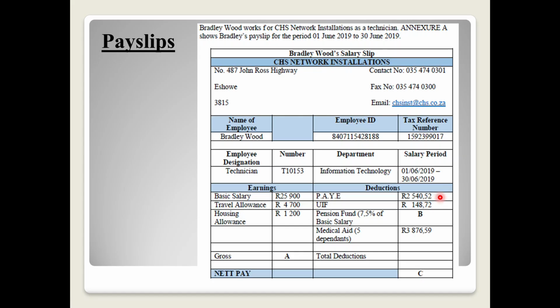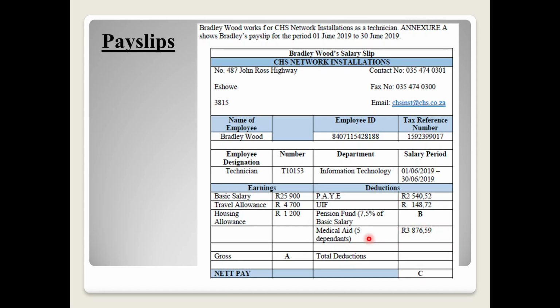In other words, what does the employer deduct from Bradley's salary? He deducts a pay-as-you-earn of R2,540.52, a UIF contribution, a pension fund, and he also belongs to a medical aid, 5 dependents.